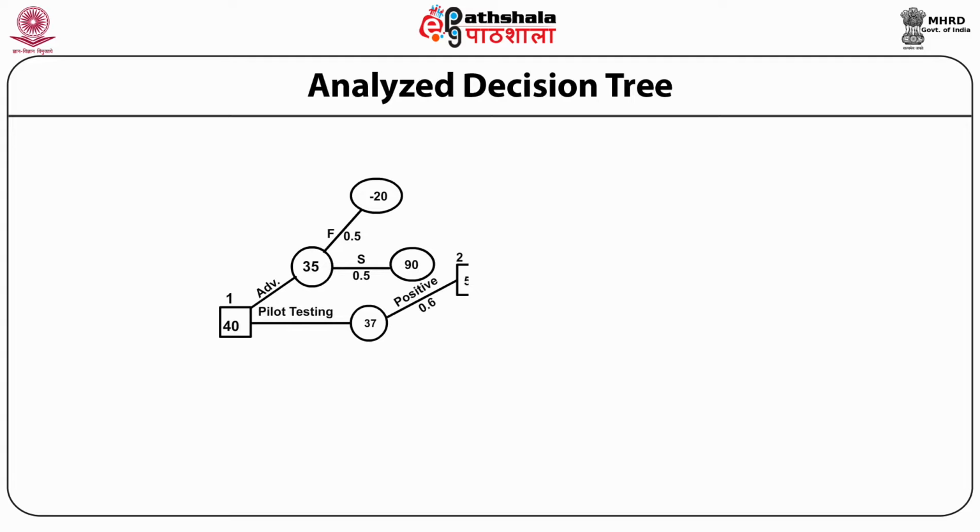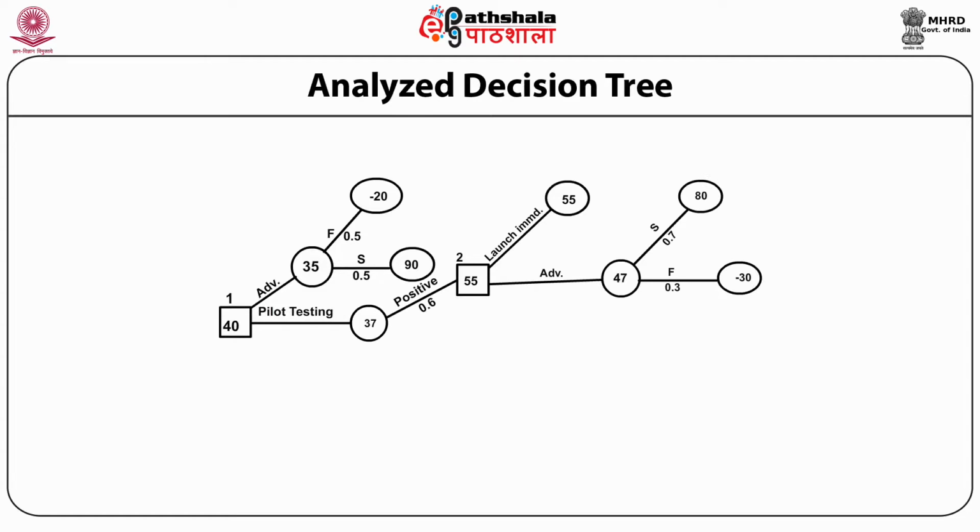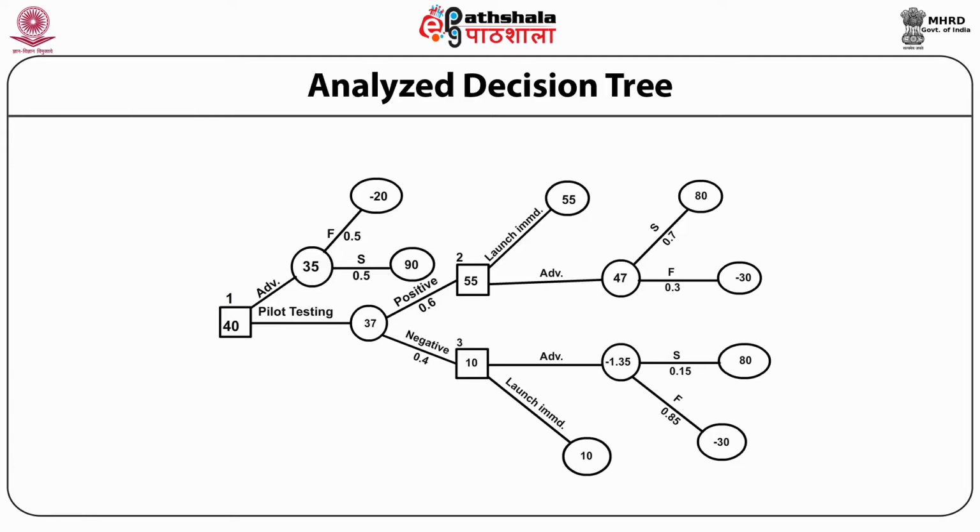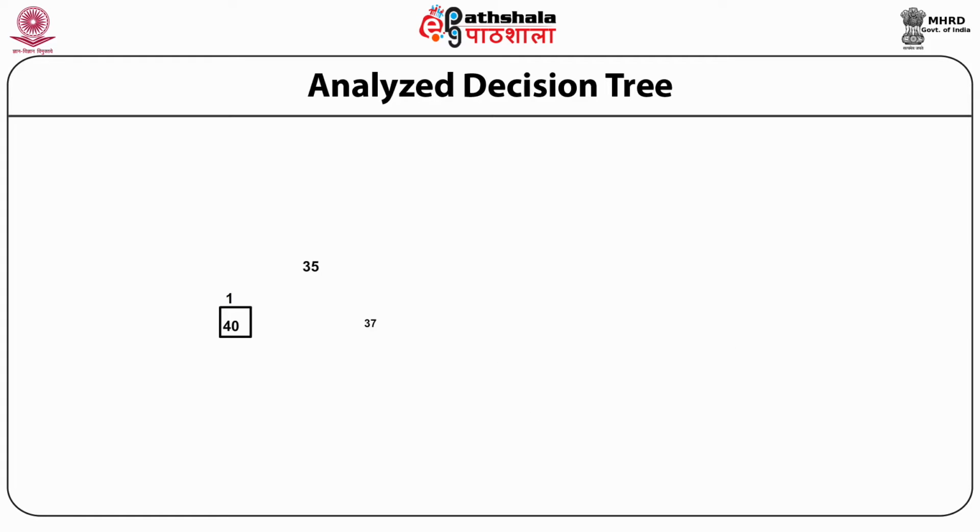Here you can see that at every chance node we are able to give an expected value. It means we are able to remove the uncertainty prevailing at every chance node, and by removing the uncertainty at every chance node we are in a position to take a better decision.